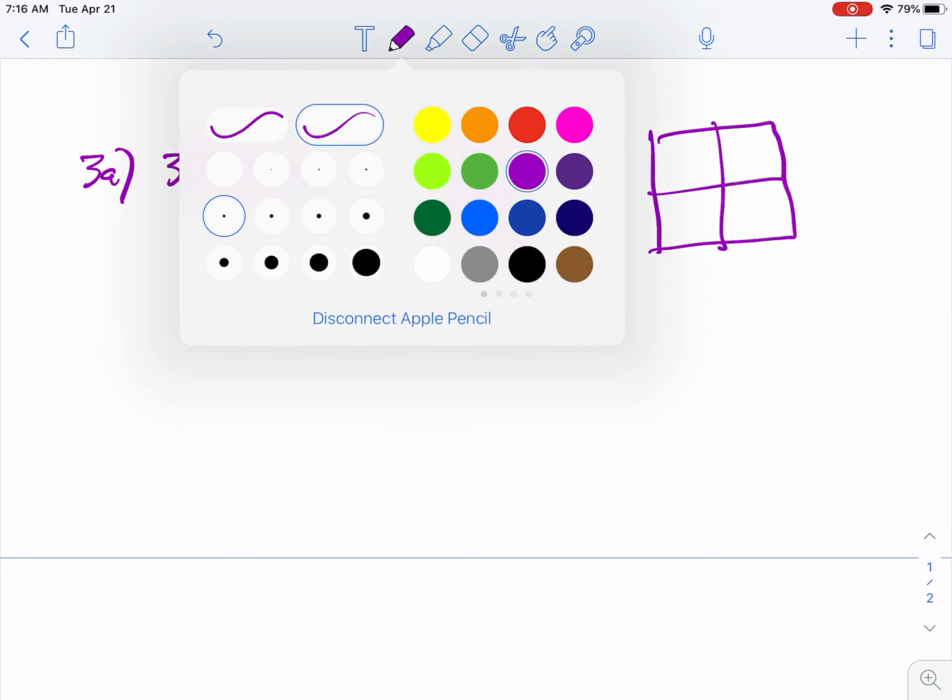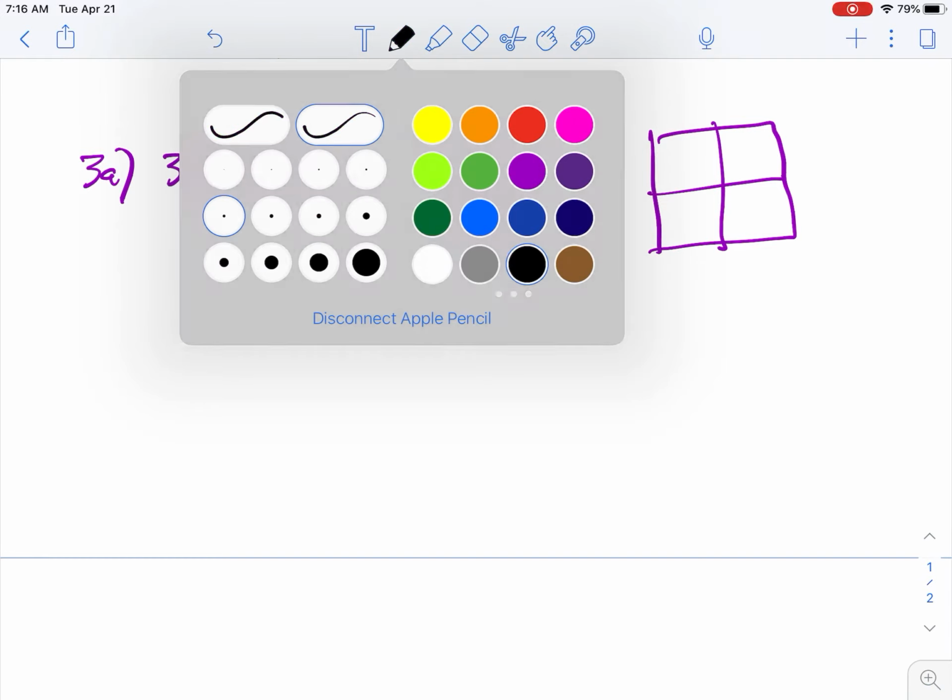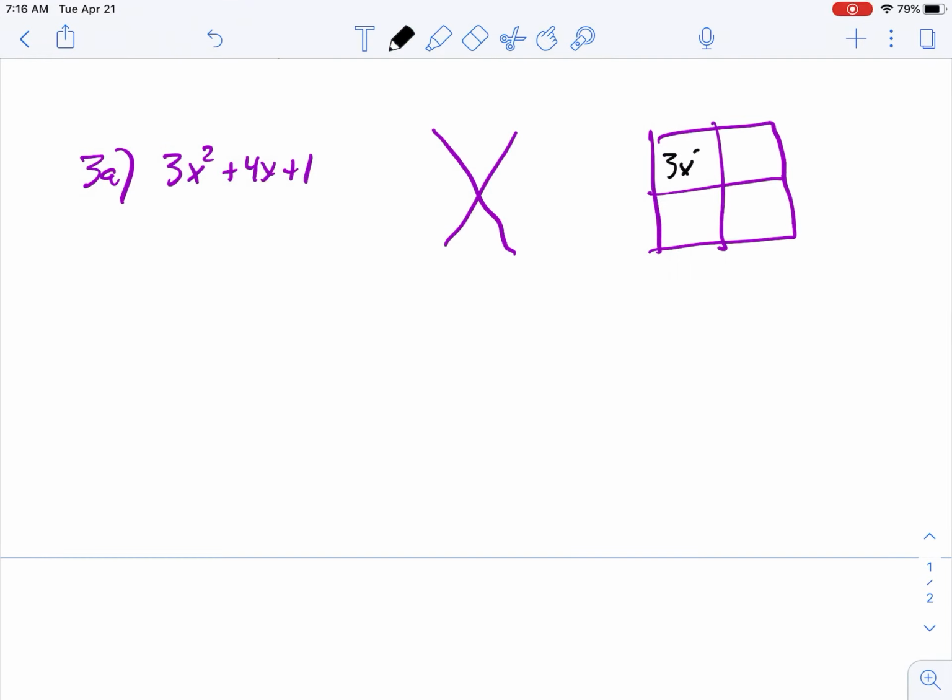So you can place your values here. 3x squared plus 1. Okay. So, and then plus 4x. So that's where you can start off with, putting those three values in. So these two go in the box, and this one goes in the x.